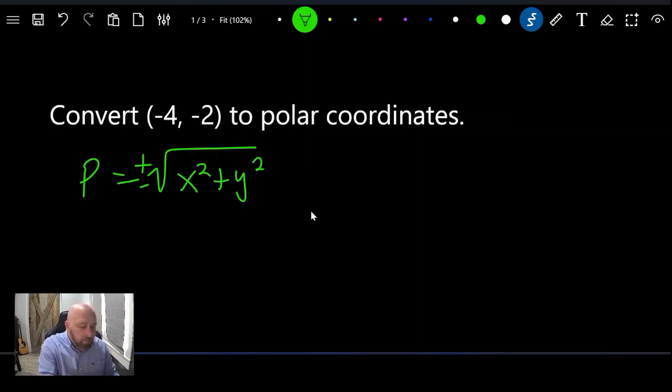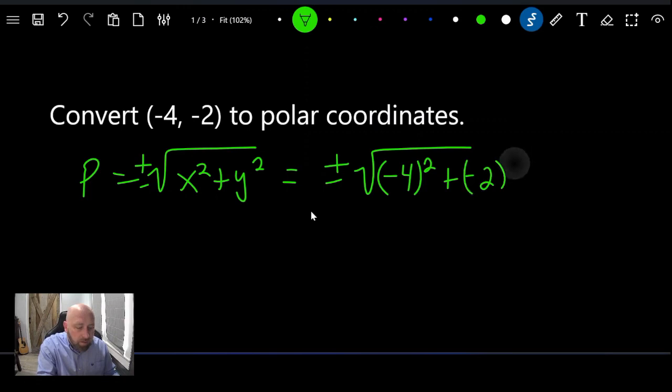So let's just plug into it. That would equal plus or minus the square root of x is -4 squared plus y is -2 squared. Now those pluses and minuses shouldn't mean a lot to you right now because they're going to go away in just a second. So we're going to get plus or minus, and this is going to be 16 plus 4.